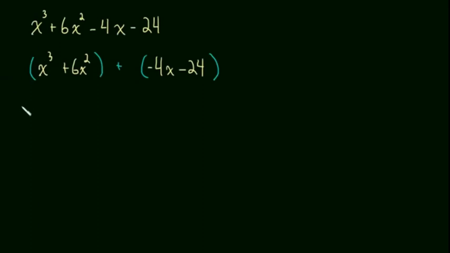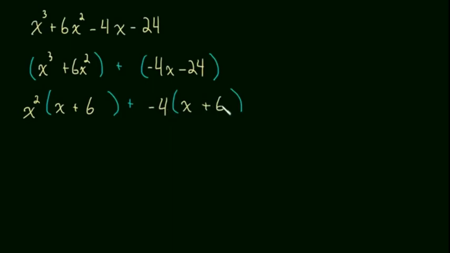And now we factor out of each group what we can. So on the left side, we can get an x squared out of each term. And that just becomes x squared times x plus 6. And then we have to add to that, well, what can we get out of the next term? Well, we can get an entire negative 4, right? This will be negative 4 times x plus 6, right?